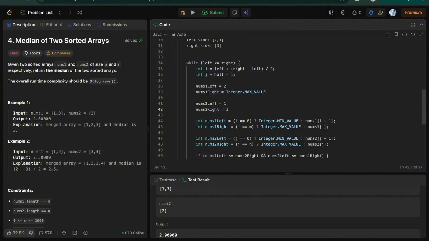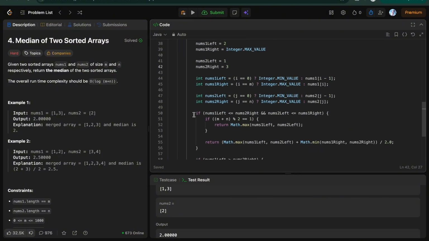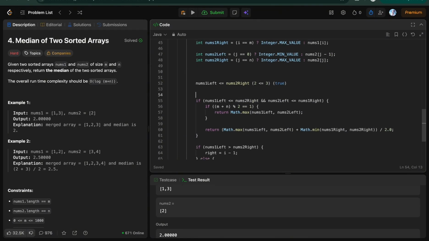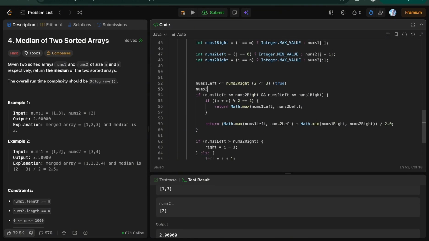Okay, now we would check nums1 left is less than or equal to nums2 right. This shows that 2 is less than or equal to 3, and that is true. And now our nums2 left is less than or equal to nums1 right.